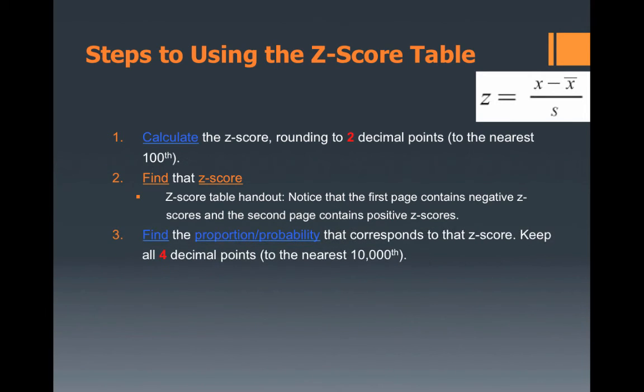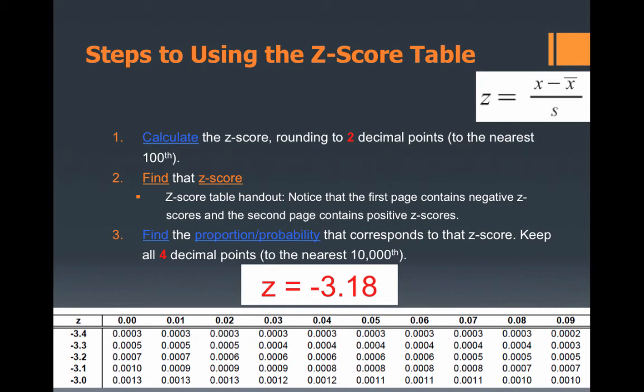So once we have the z-score, we find the probability or proportion that corresponds to that z-score. And you'll notice you want to keep all the numbers that are in the table, so keep all 4 decimal places, nearest 10,000. So go ahead and find the probability that corresponds with the z-score of negative 3.18.